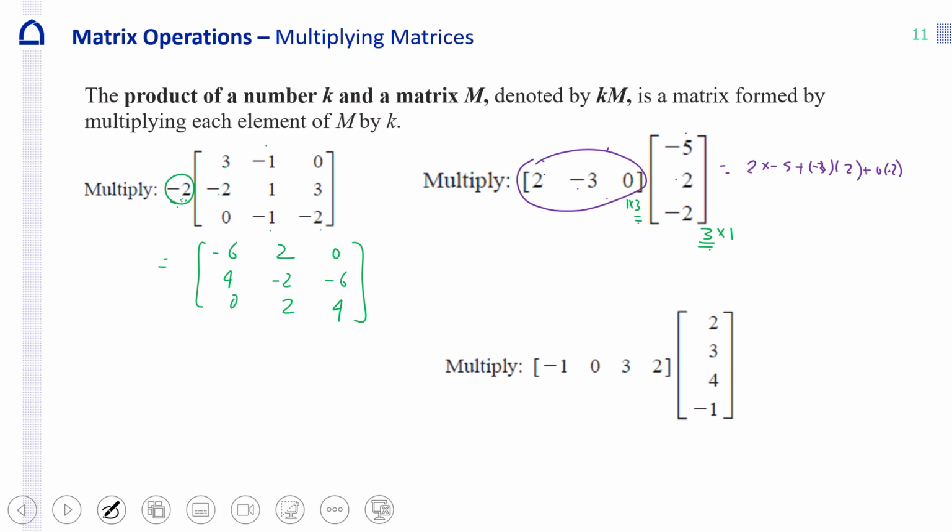Okay, and you get what? 2 times minus 5 is minus 10, minus 3 times 2 is minus 6, and 0 times anything is 0. So you end up with minus 16.